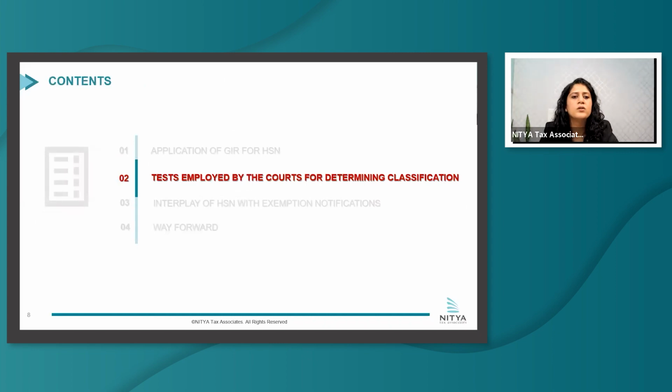Now we move on to the next portion of our webinar. In this portion, we are going to evaluate some tests that have been developed and employed by the courts for determining classification.